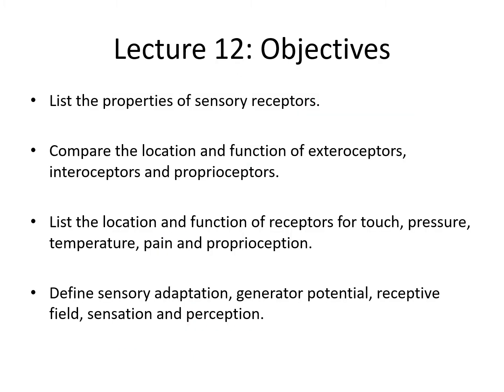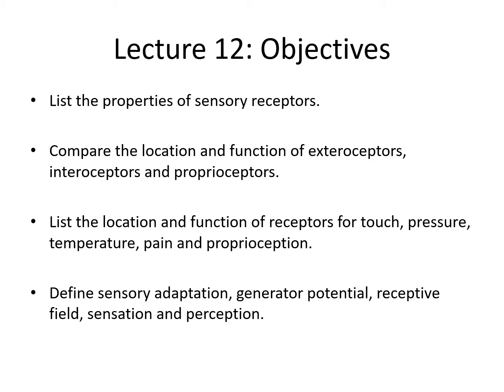In this lecture, we're going to talk about the properties of sensory receptors. Although primarily on the general receptors, we'll mention a little bit about the specific receptors, but these will be mostly covered in later lectures. We'll talk about how we classify receptors, such as exteroreceptors, interoreceptors, and proprioceptors.